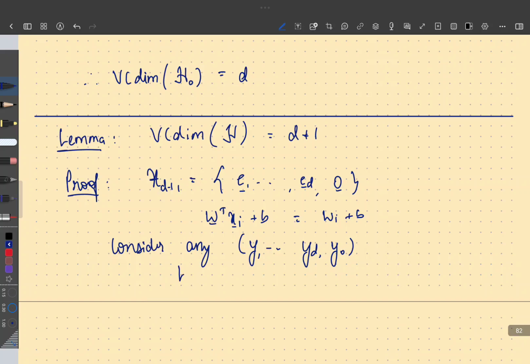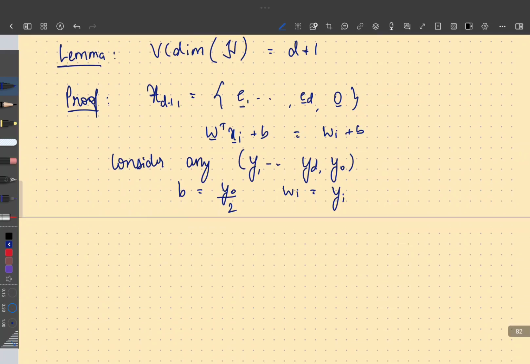I can choose b to be equal to y0 by 2, and wi to be equal to yi. Now, if you take w transpose xi plus b when xi is equal to 0, then I just get b, which is y0 by 2, and therefore has the same sign as y0.